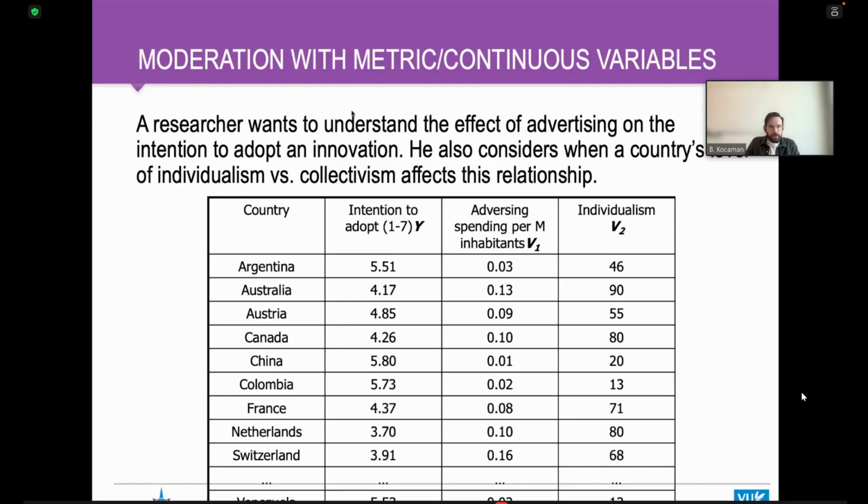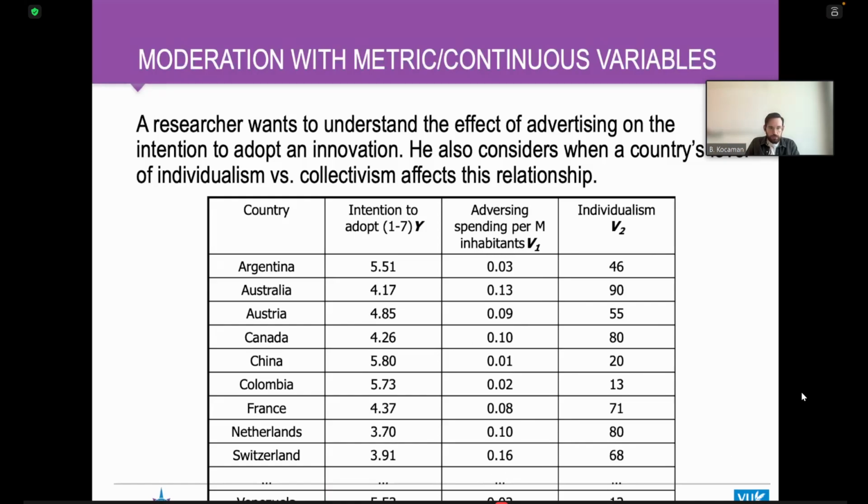You have observations on intention to adopt, between 1 and 7. It could be something like a Likert scale: how likely are you to adopt? And then you have advertising spending per million inhabitants and the individualism score. So both of these are metric variables.